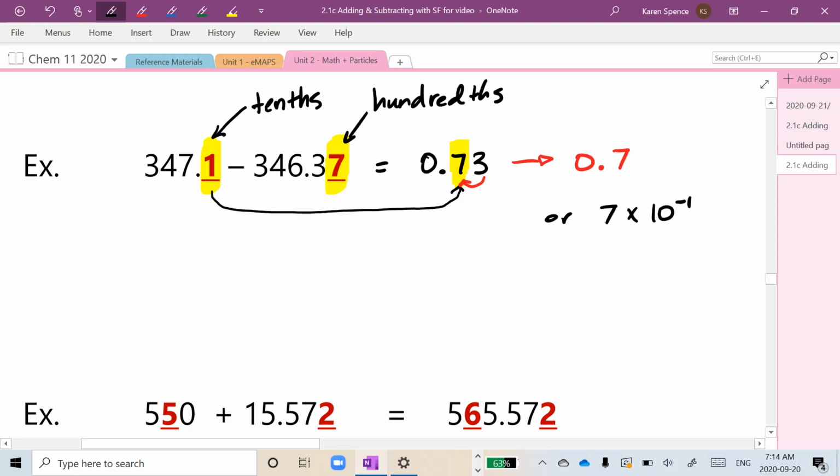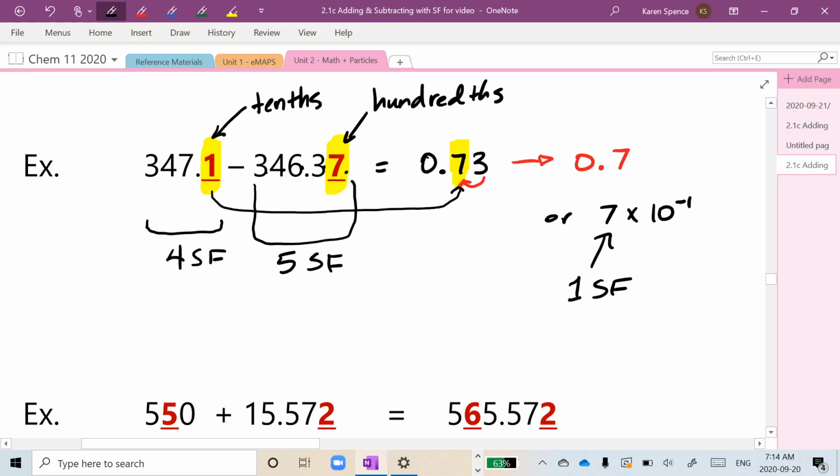Okay, so interestingly, when you start learning multiplication and division, usually people tend to forget about the addition and subtraction rule. They are very, very different. So if you look at this, this number here has 4 sig figs. This number here has 1, 2, 3, 4, 5 sig figs, but our answer has only 1 sig fig. So the number of sig figs in the question is irrelevant to the number of sig figs in the final answer.